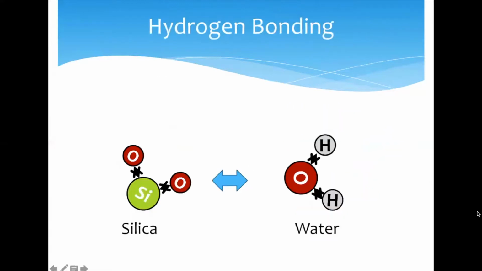With the combination of the silica and water, that's where the hydrogen bonding occurs, and that occurs through adhesion force, because we have the silica from the soil particles and then we have the water as well, and those are adhering together.